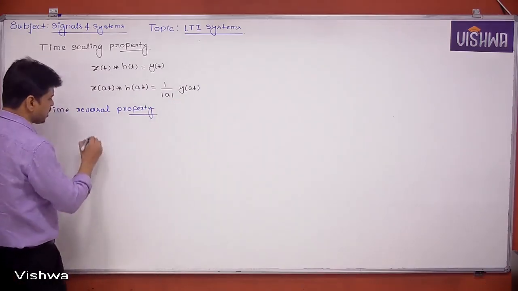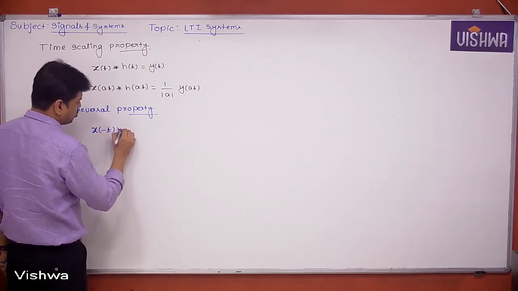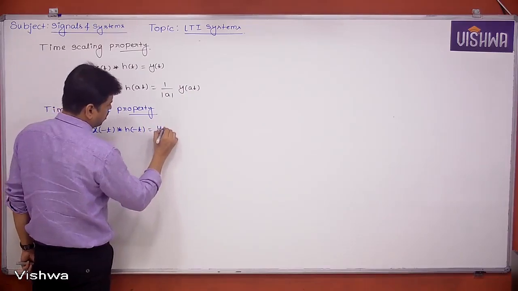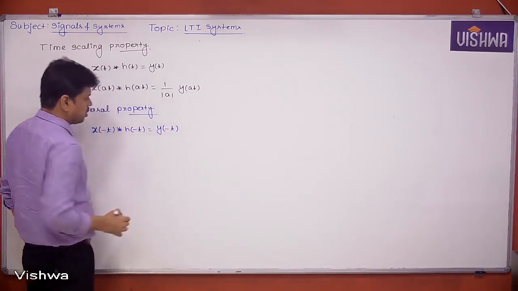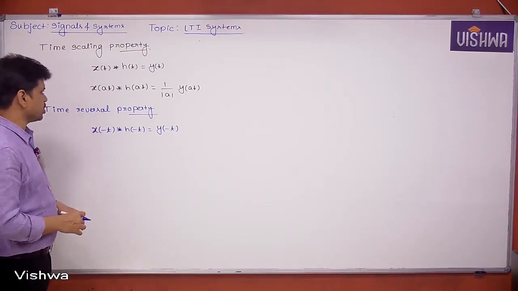So I can simply write x of minus t convolution with h of minus t is y of minus t. So that is another result, the time reversal property. Okay, take it.